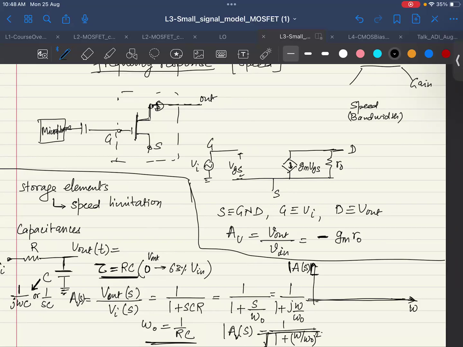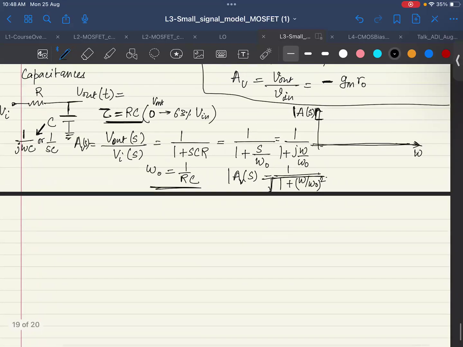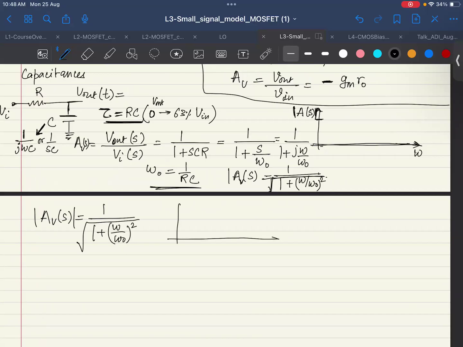Now from this gain, if one needs to plot it, let me go to the next page and plot it. So from this RC circuit, we got the mod of AVS, which is 1 upon root of 1 plus omega by omega naught square, right? And we are trying to plot this gain with frequency so that we can look at the frequency response, that is, how this gain changes.